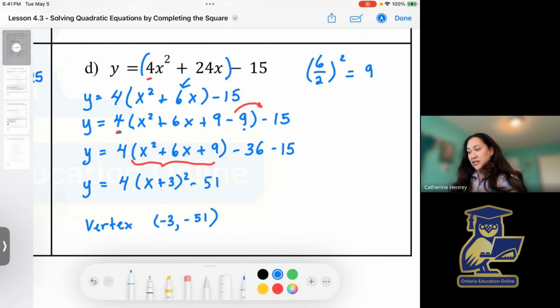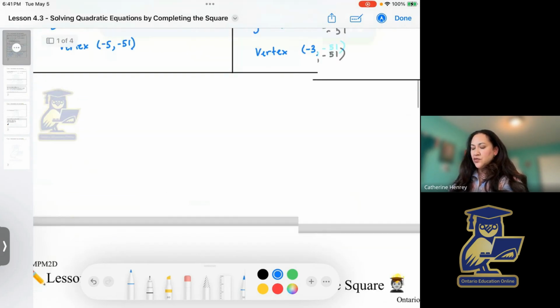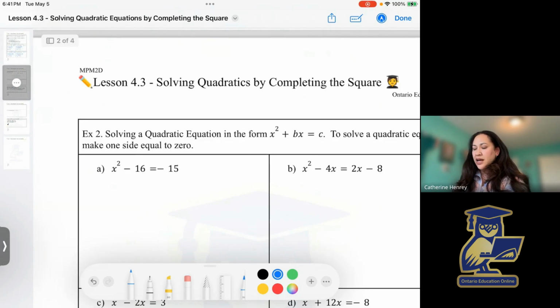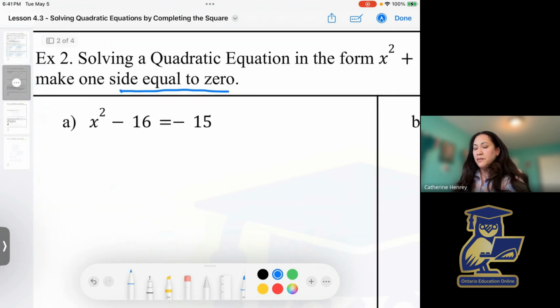We're going to take a look at solving quadratic equations that are in this form, x squared plus bx equals c. And remember, to solve something, we have to make sure one side is equal to 0. So if I take a look at my first example, I have x squared minus 16 equals -15. Well, one side is not equal to 0.